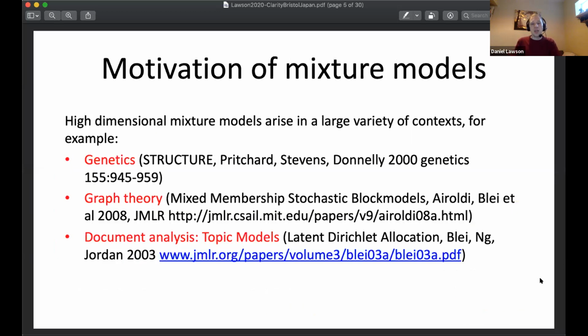So to interpret what we mean by structure, it's useful to think about mixture models. High-dimensional mixture models are popular in a huge variety of contexts. They're used in genetics a lot, and I care about their application there. They're used in graph theory a lot, and they are used in topic modeling for document analysis.